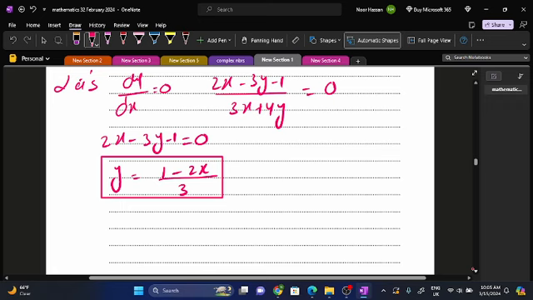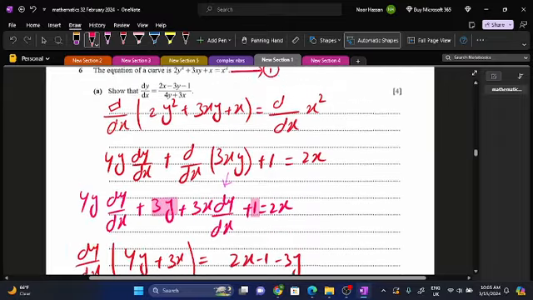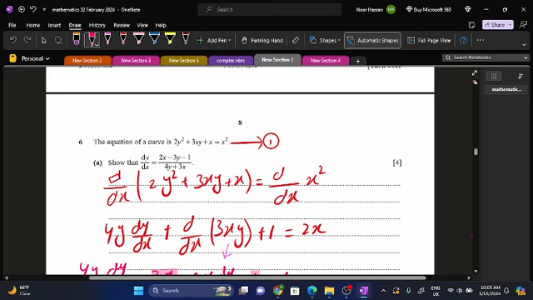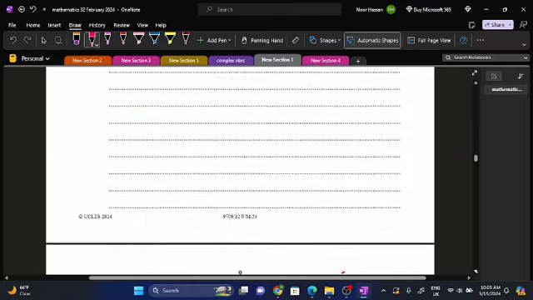Now what I have to do is plug that value of y, marked as equation number 2, back into the equation that I have in the first part, which was 2y square plus 3xy plus x equals x square. At every place of y, I have to put down its value.